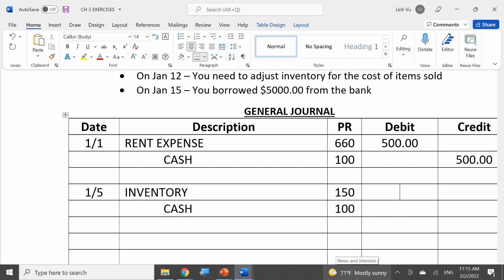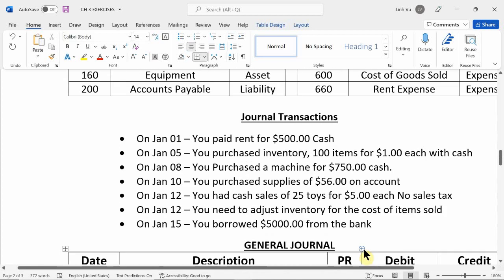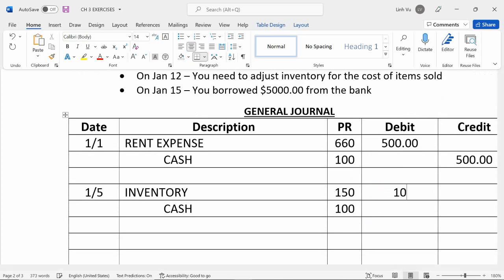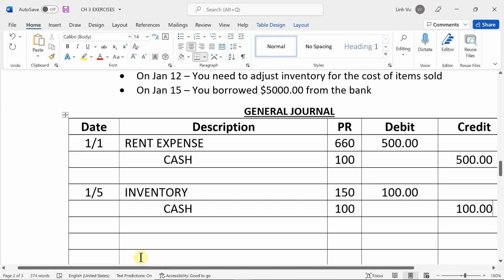Now, in this case, how much money did I spend? $100 because I purchased 100 toys, or in this case items, $1 each. So in grand total, I spent $100. Okay, and that's where you can make your note saying that you purchased 100 items at $1 each. Okay, and we'll practice descriptions in chapter 5.